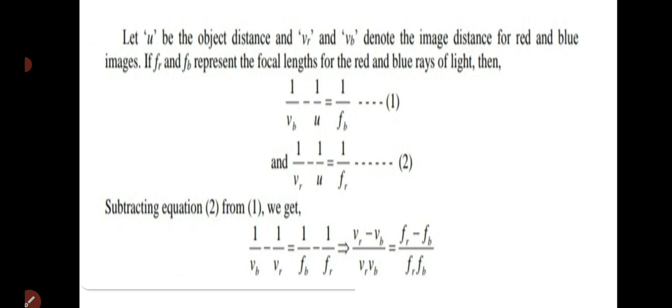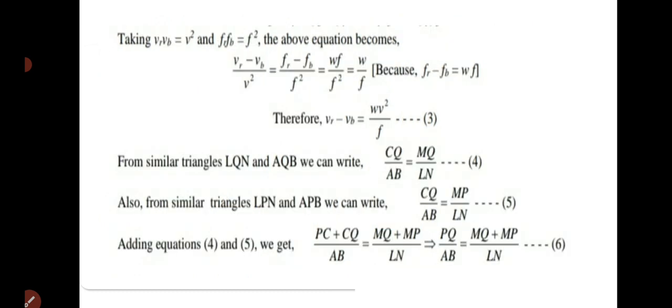It gives (VR minus VB) divided by (VR into VB) is equal to (FR minus FB) divided by (FR into FB).